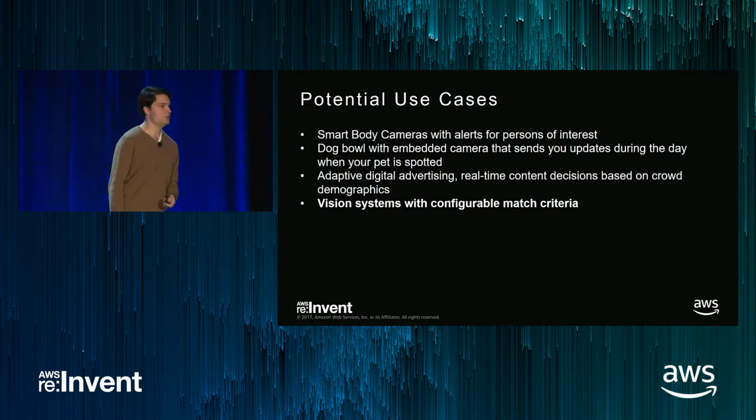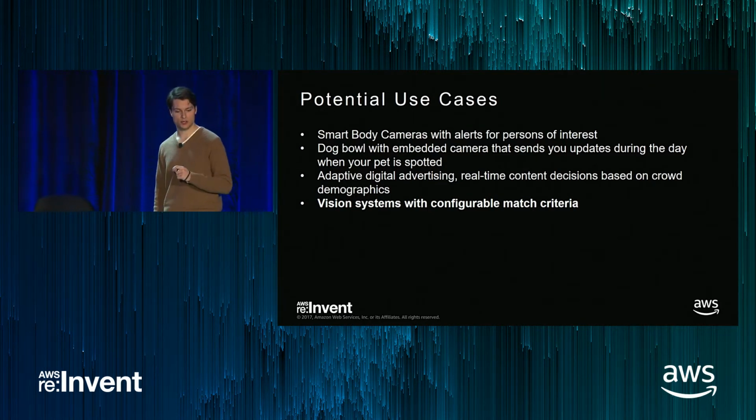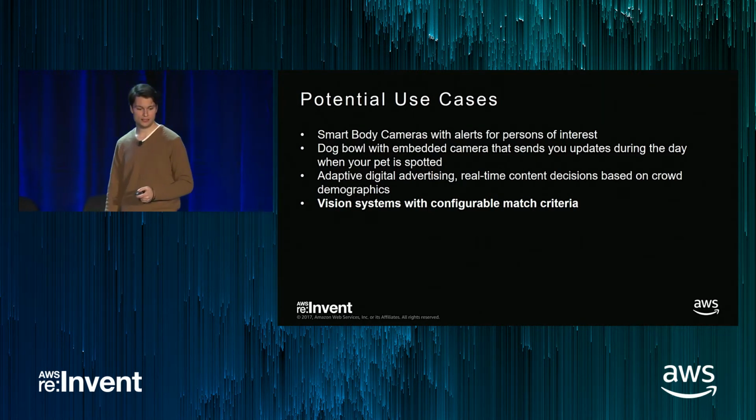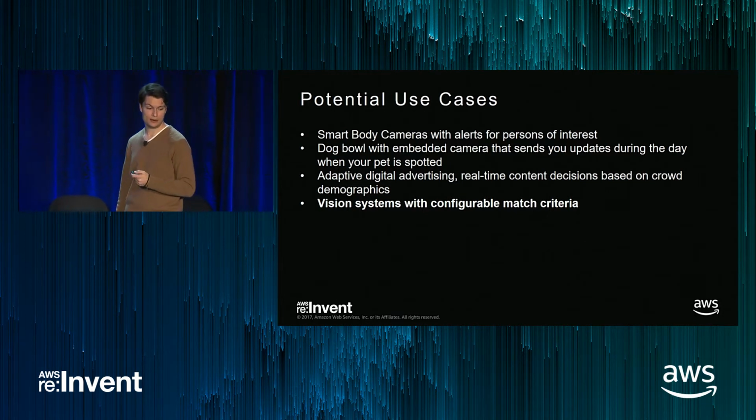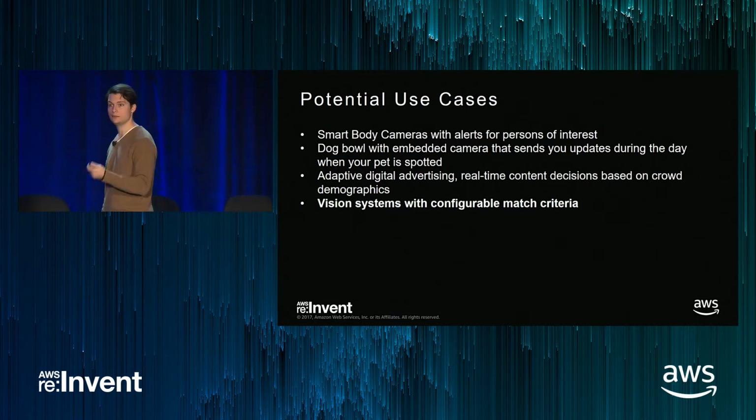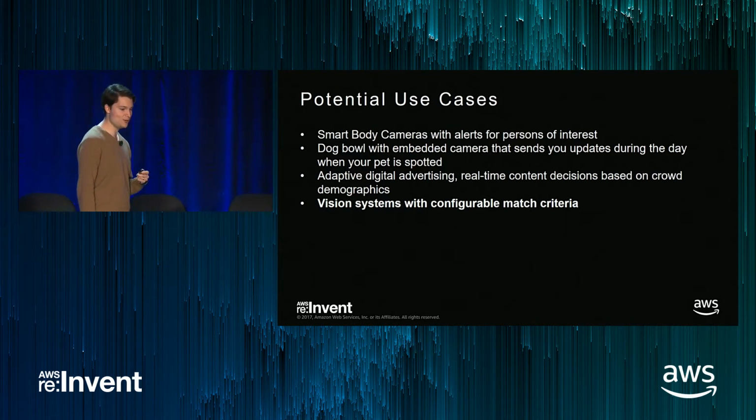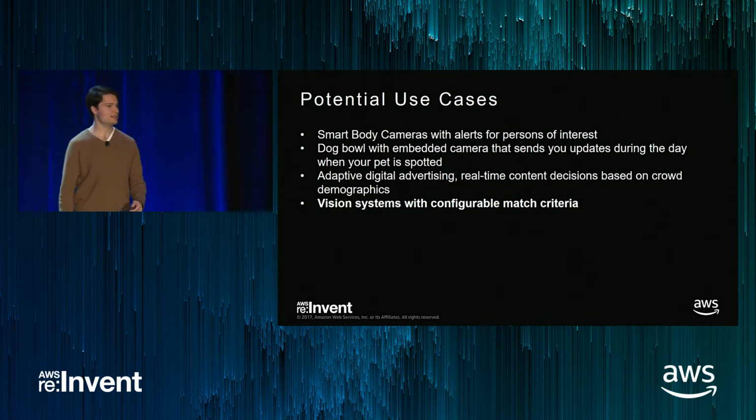So what are some of the potential use cases here for the various APIs we've talked about? You can build a smart body camera that'll alert when it sees a person of interest. Or you could build a dog bowl with an embedded camera that sends you updates during the day when your pet is spotted. By the way, if you build this, I will happily buy it from you. You can also do adaptive digital advertising.